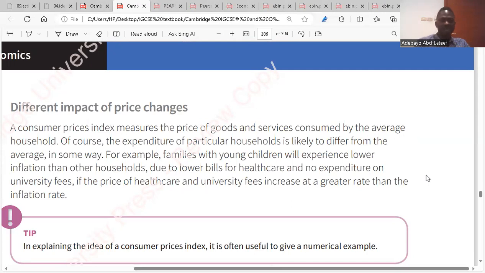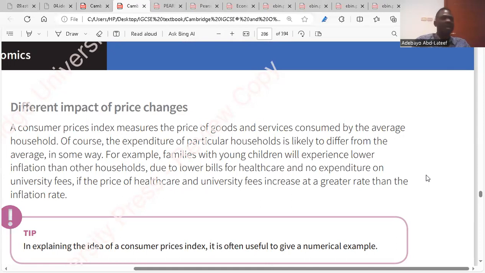So what they are saying is this: the impact of price changes varies within different households. A household that is young would not have much to talk about healthcare and school education because they'll spend less. So price change will not affect them like an above average age family.